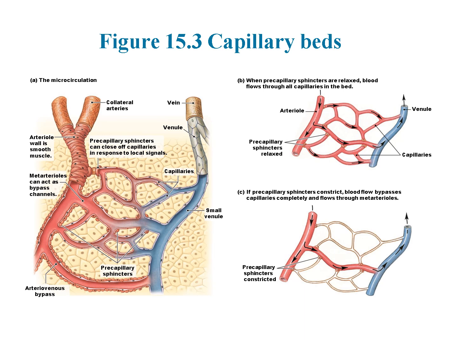This redirects blood away from capillaries and through metarterioles, which serve as bypass channels. This mechanism allows the body to prioritize blood flow to essential areas, such as muscles during exercise or vital organs in times of stress. Metarterioles and arteriovenous bypasses provide alternative pathways for circulation, ensuring that blood continues to move efficiently even when capillary flow is restricted.